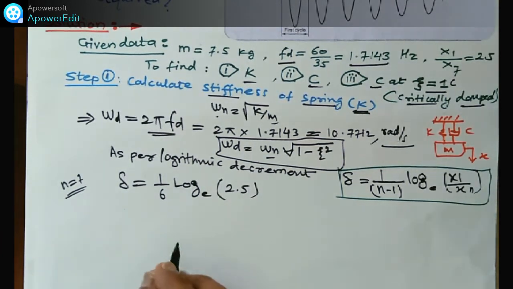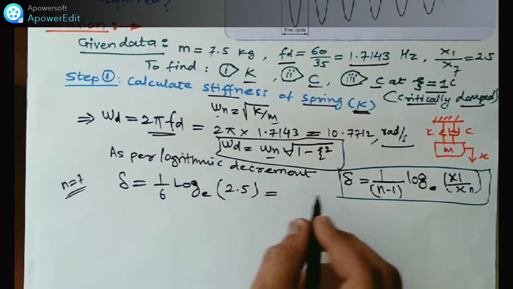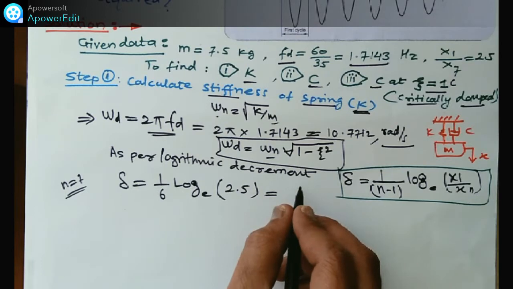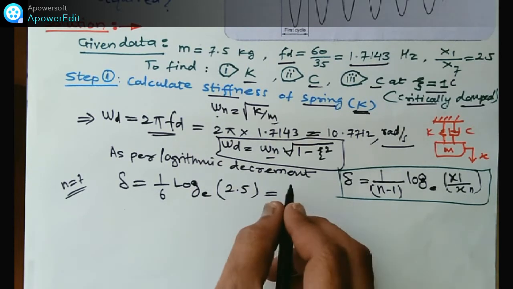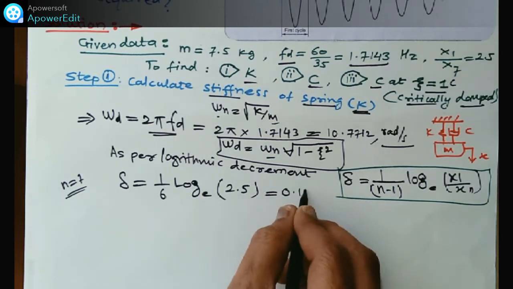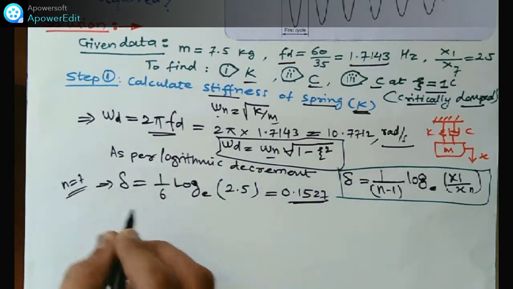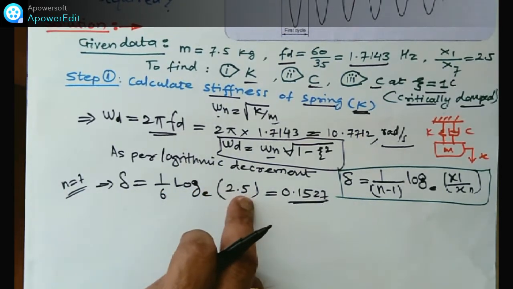Solving this we'll get the answer. Let's solve by using the calculator, put in all the values. That is the value of your logarithmic decrement. So we got the logarithmic decrement.